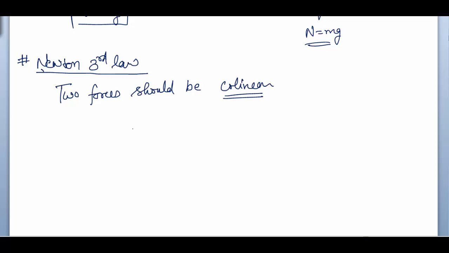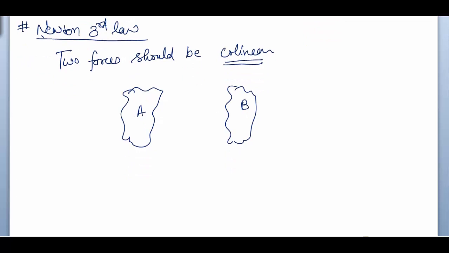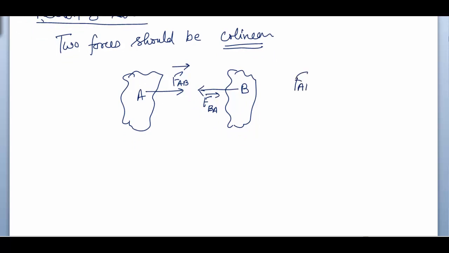Suppose there is a body A and a body B. Suppose body A exerts a force FAB on body B in the horizontal direction. Also body B will exert the same force with the same intensity but in the opposite direction, FBA, on body A. So we can write F of AB equals minus F of BA.